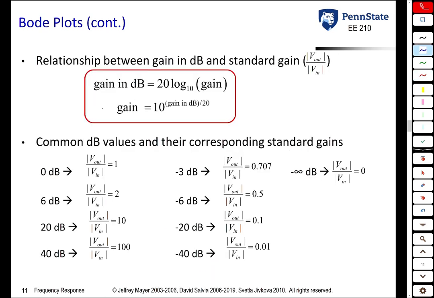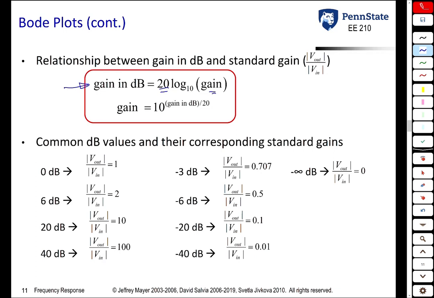At this point, what we want to do is establish a one-to-one relationship between standard gain that we're familiar with and dB gain that we're going to be using a lot of in the coming lectures. So from the equation on the previous page, we see that if you have the standard gain, you take the log base 10 of it, then multiply it by 20 to get the gain in dB.